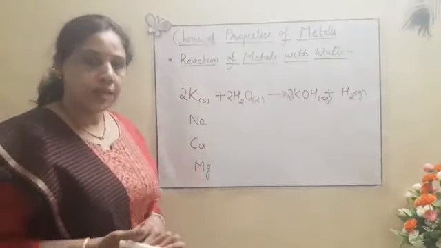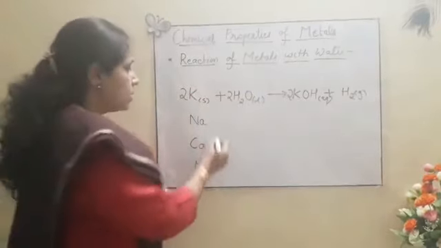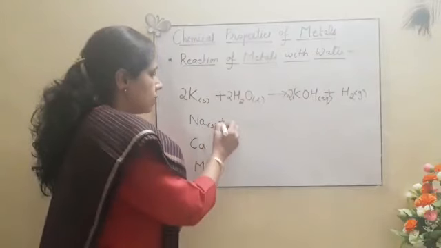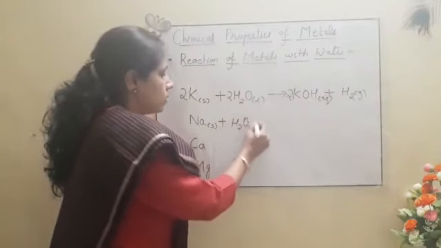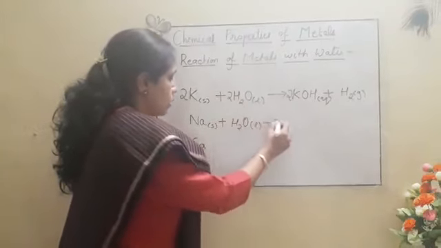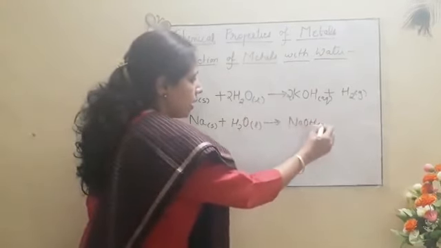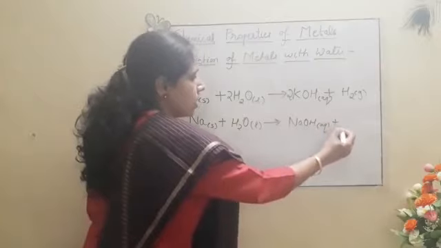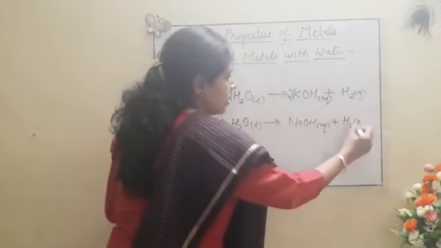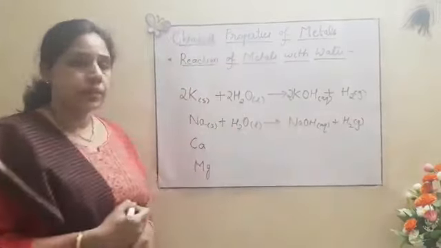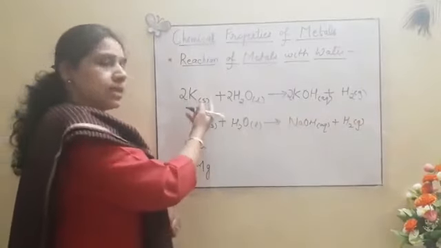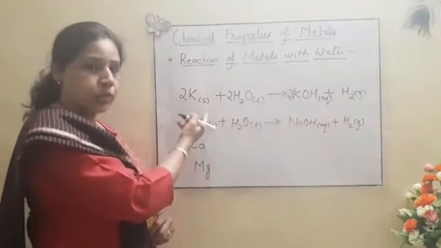Similar reaction will occur with sodium also. Sodium in solid state reacts with cold liquid water to form sodium hydroxide aqueous solution and hydrogen in gaseous state. Now the balancing is same as that for potassium.